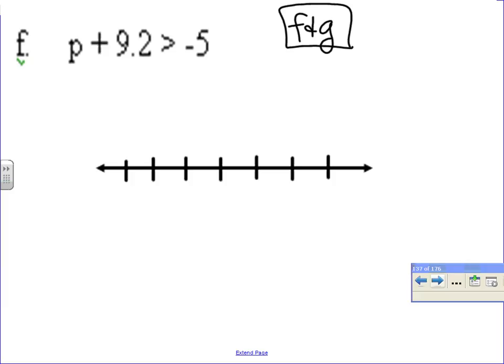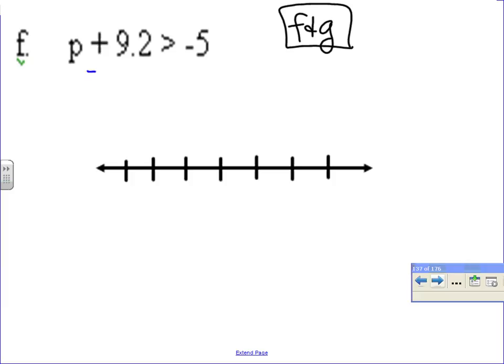Nope, because your number line's on the wrong side. This all needs flipped. These should all be negative. So now you have it. Yep. And I'm going to go over that just to make sure. Yep, perfect. Okay, let's go over letter F.